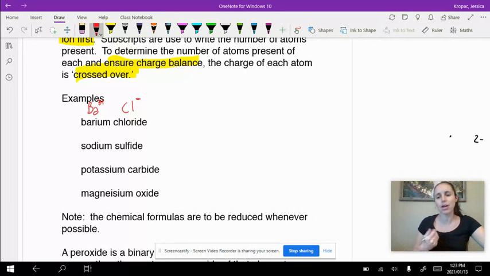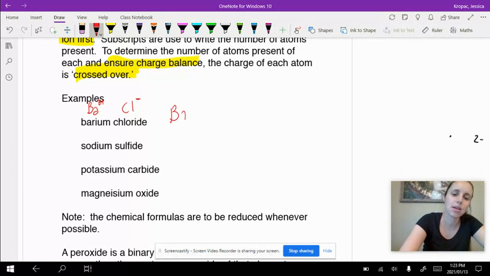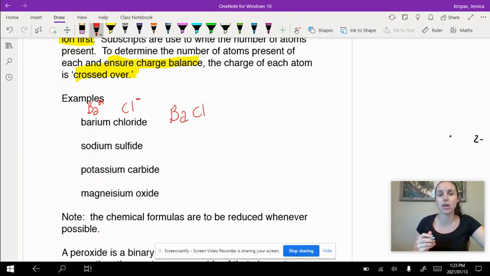Now we're going to go ahead and record what our elements are. So barium, Ba, chlorine, Cl. Now in order to determine what my subscripts are, what I'm going to do is cross over my charges. So essentially this charge here, this 2, is going to come next to chlorine.